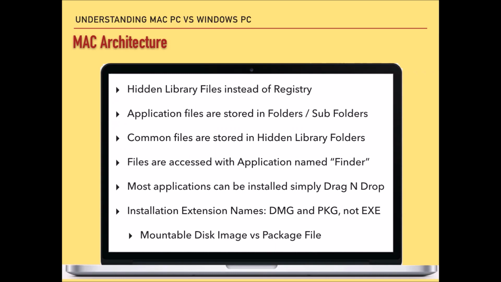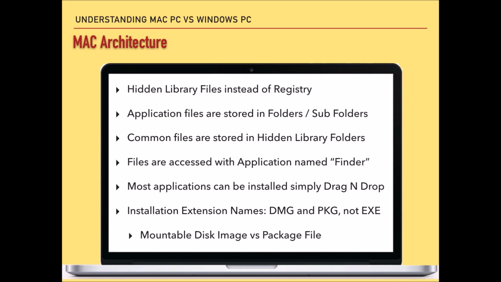We'll talk about the installation file names a little also. But the extension names are DMG, which stands for Disk Image rather, and PKG files, which are package files. And in the Windows world, you're used to EXE files, executables.